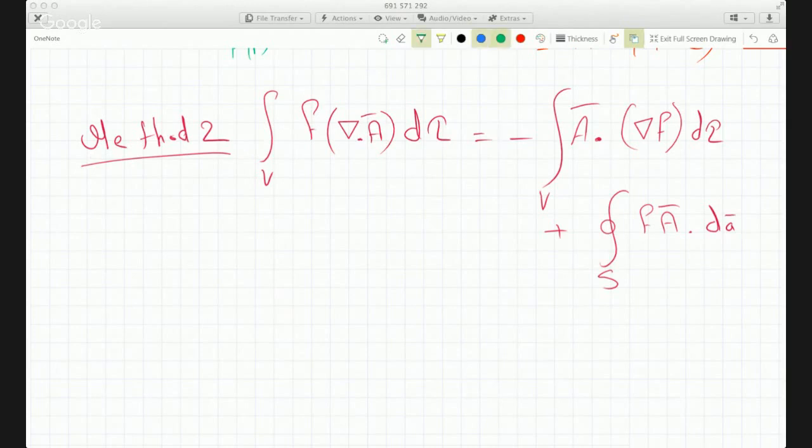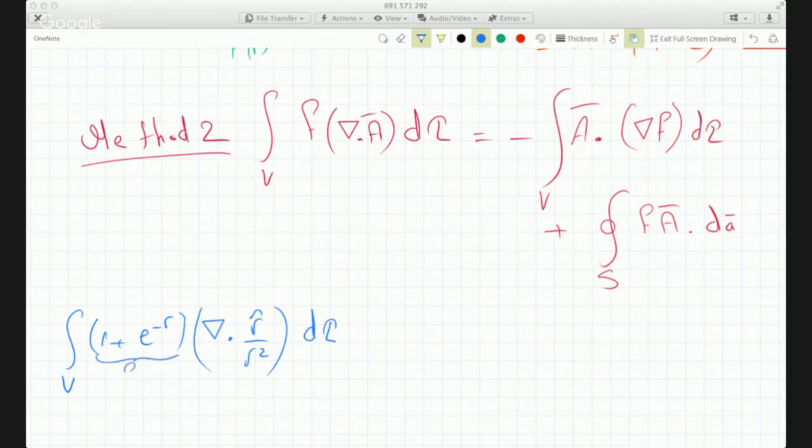So now this is the integral of 1 plus e to the minus r times the divergence of r over r squared, d tau. Basically here, this is your F, and this here is your A, and d tau is d tau.